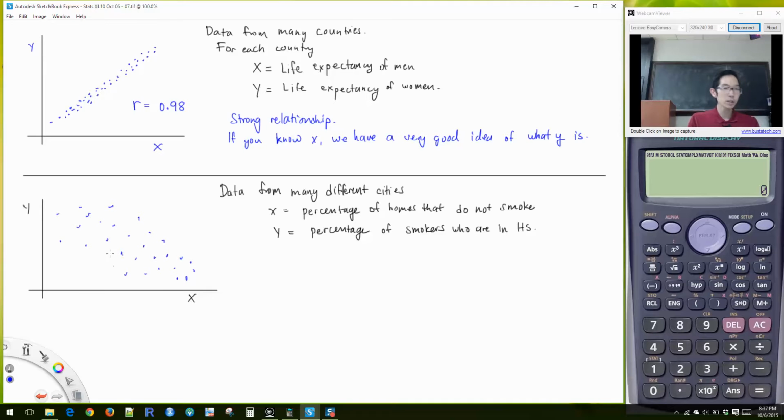So it's not the best predictor of this. And here we have something like r equal to negative 0.6. Okay, so this would just be what we might say a moderate relationship.